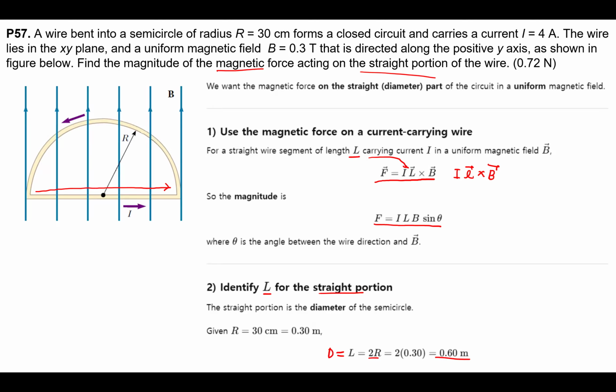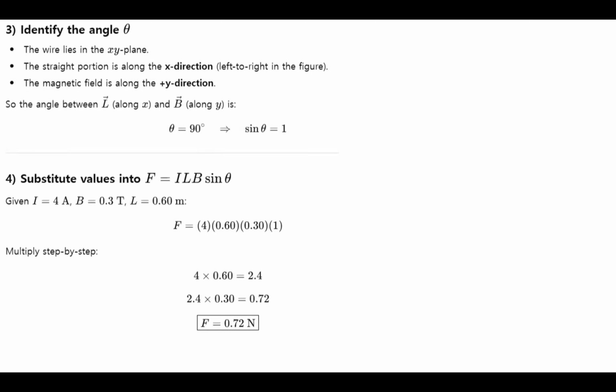And then to find the magnitude of the magnetic force, we need the current. Current is given. Now we have L, B is given, and then it's time to think about what theta is here.